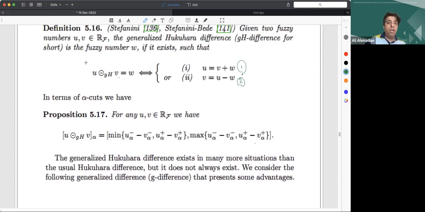But while we want to work on the alpha cut, in practice we consider this proposition.